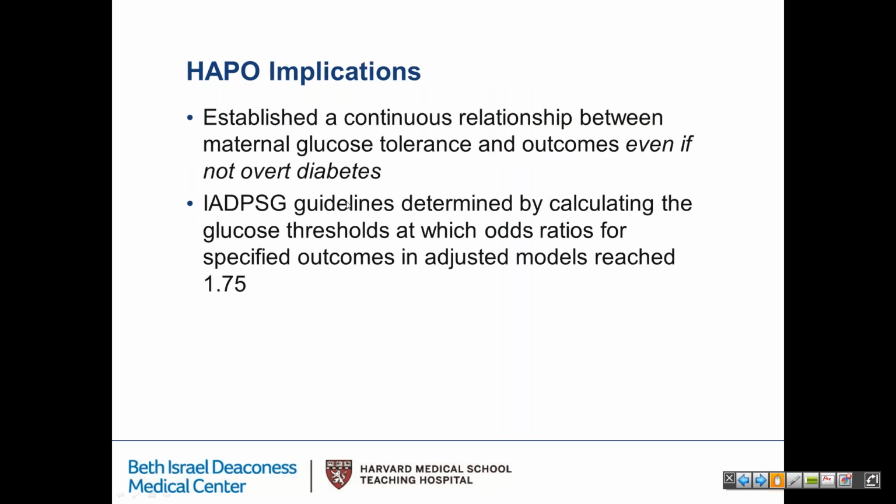So what this really implies is that there's a continuous relationship between maternal glucose tolerance and the outcomes of the pregnancy, even if it's not overt diabetes. So even below the thresholds that most of us would say, for sure, this person needs treatment, there are definitely relationships between mom's glucose category and what happens with the baby, as well as what happens predominantly with her blood pressures.